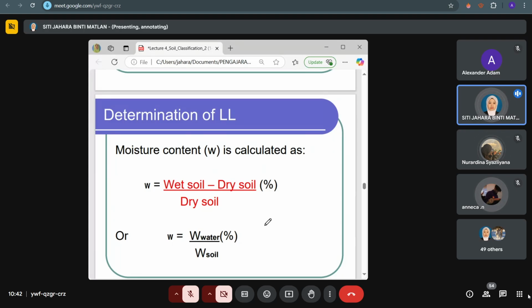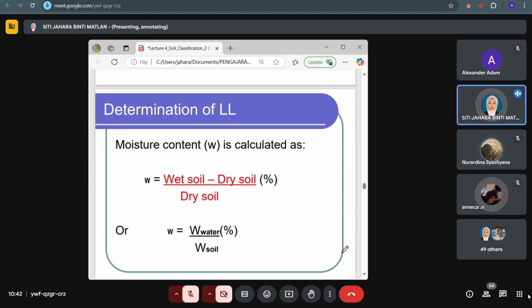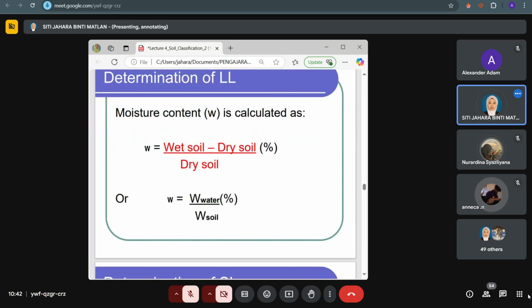So how do we determine the moisture content? This is the formula used, and we can measure it in the lab. This explains how to calculate the moisture content of a soil sample, which is an essential step in both liquid limit and plastic limit tests. Not only for liquid limit but also in plastic limit, we measure the moisture content in the soil.